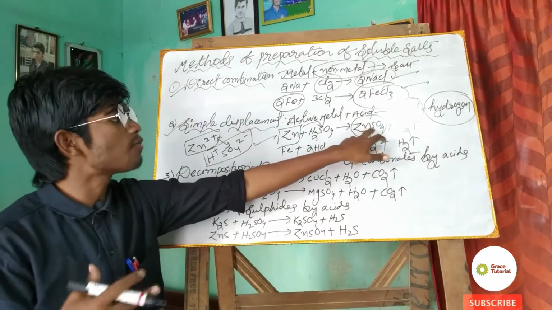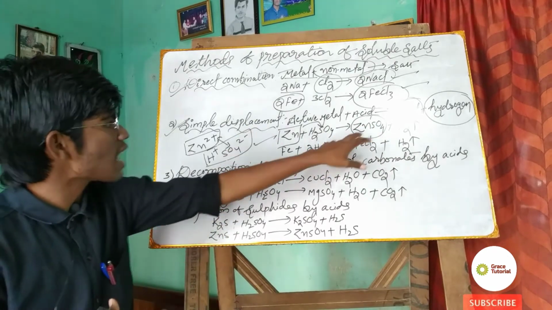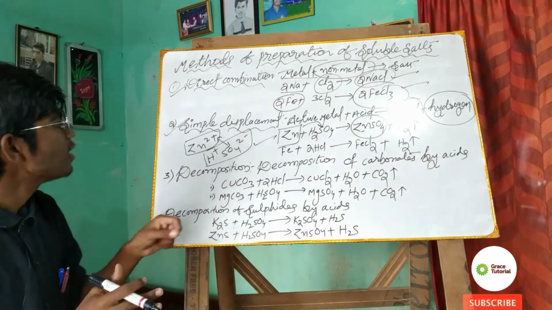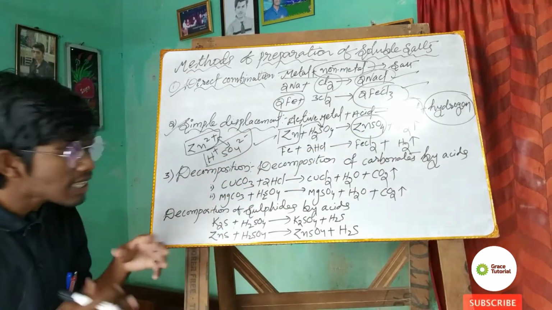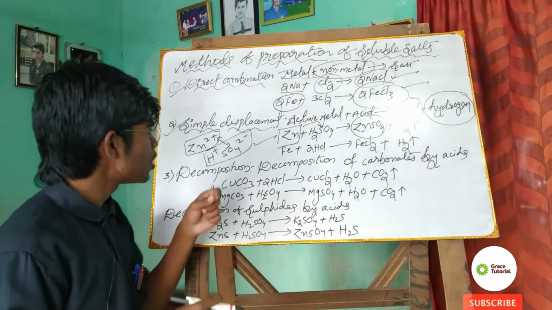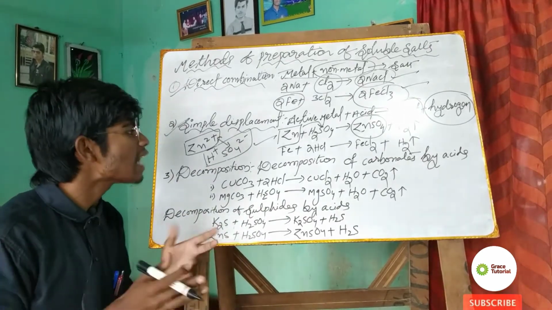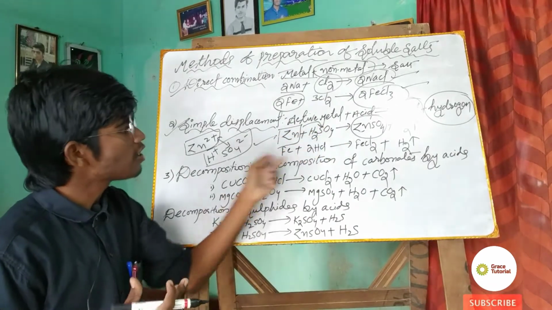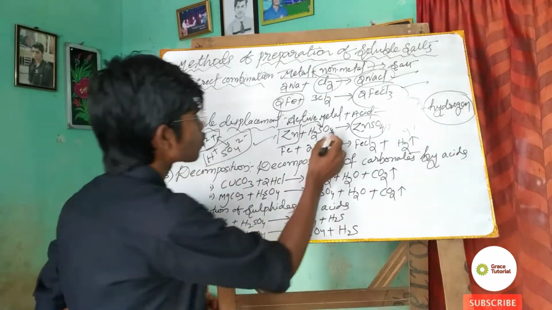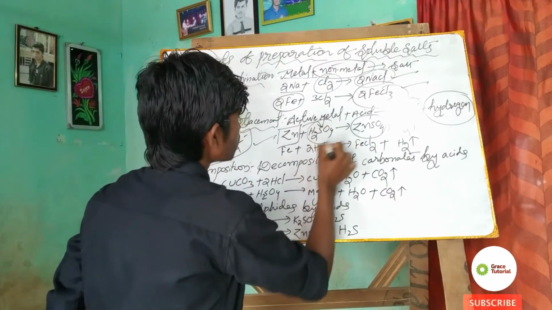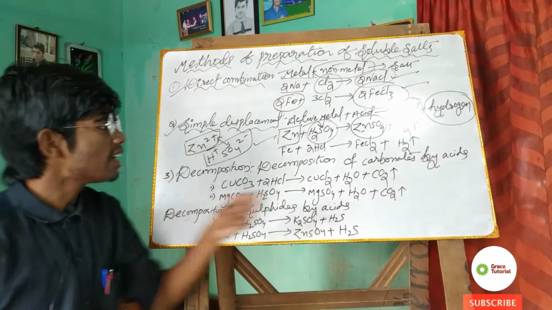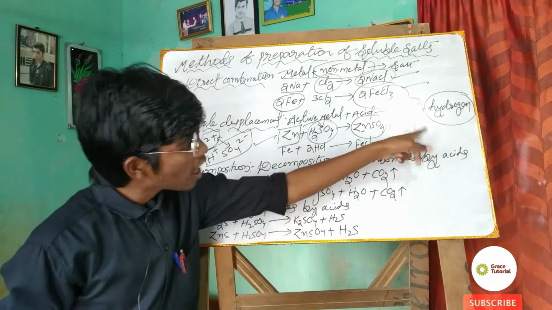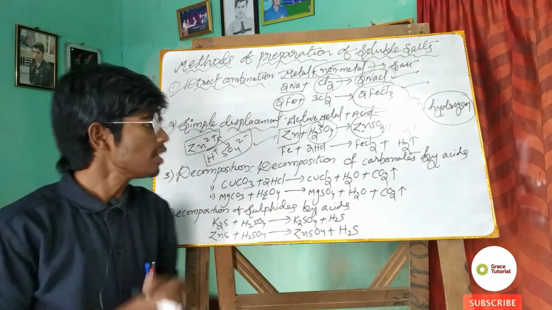In this way, the zinc sulfate is obtained, and here it has been obtained by the displacement reaction. Basically, this is a displacement reaction, but here the displacement has been done by the zinc atom. Since the zinc is an active metal, it displaced the hydrogen atom from the sulfuric acid, and it finally forms zinc sulfate along with the evolution of hydrogen gas.